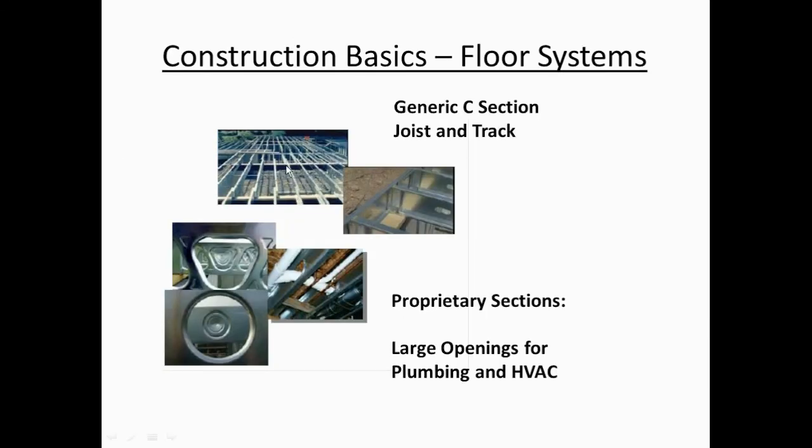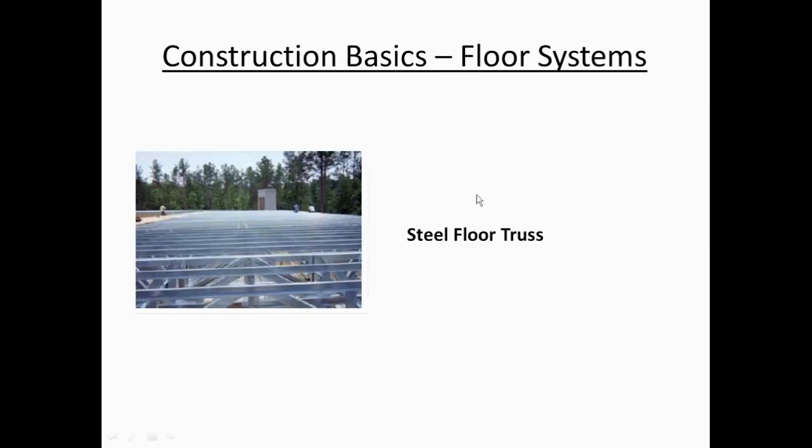Construction basics for floor systems. What you're looking at here is the generic C-section, joist and track, in a simple span condition. Again, here's your load path, joist coming in, the web stiffener going down to the floor below. There are also proprietary sections out there that have huge punched openings in them that will easily accommodate MEP, and this may be something really worthwhile to look into.